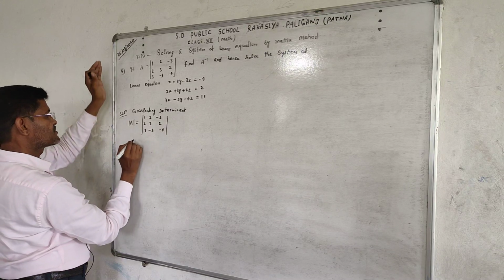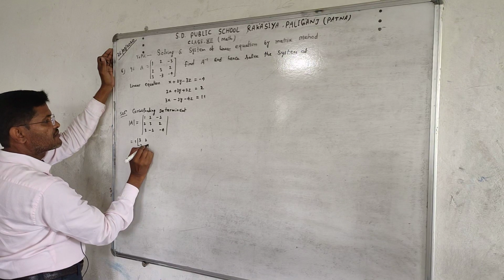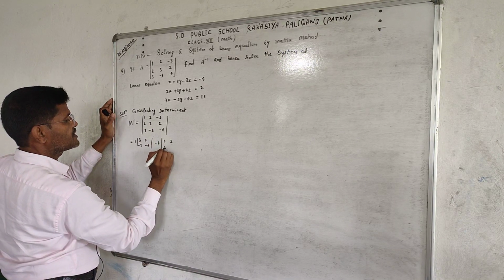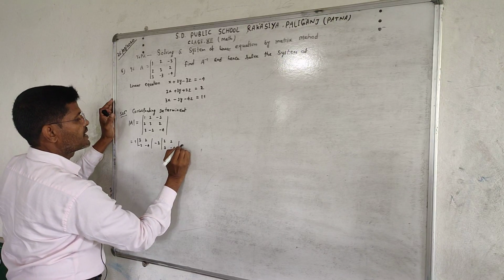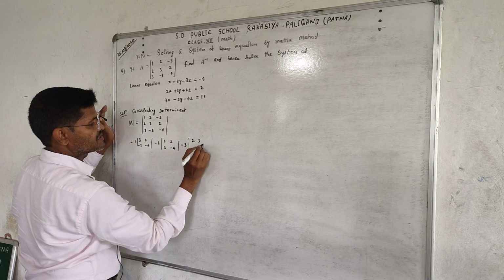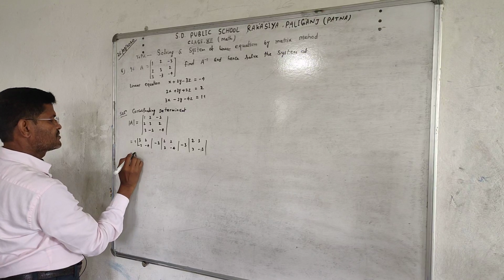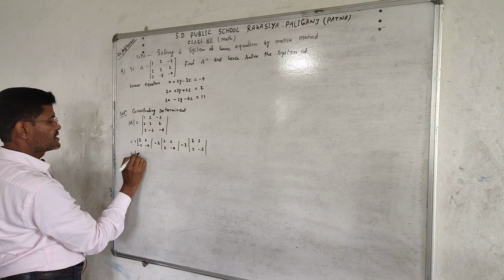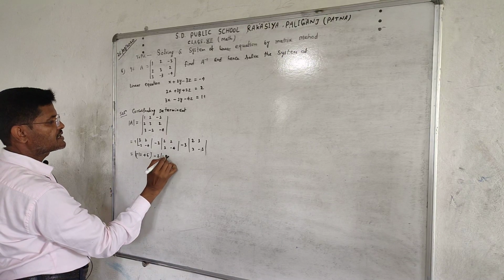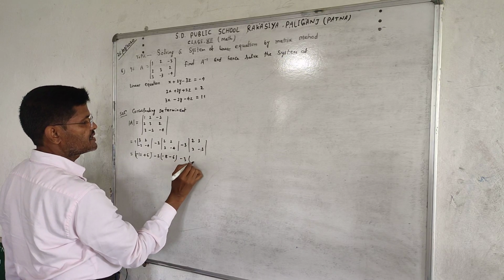The value of the determinant can be found: 1 times the determinant of [3, 2; -3, -4], minus 2 times the determinant of [2, 2; 3, -4], and minus 3 times the determinant of [2, 3; 3, -3]. It is equal to 1 into minus 12 plus 6, minus 2 into minus 8 minus 6, minus 3 into minus 6 minus 9.